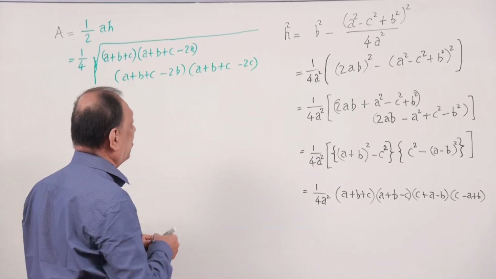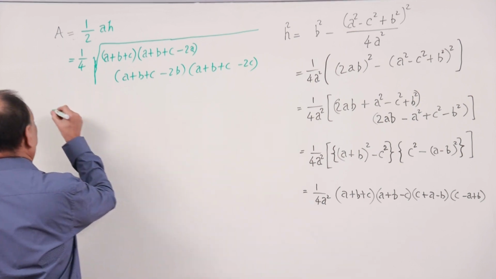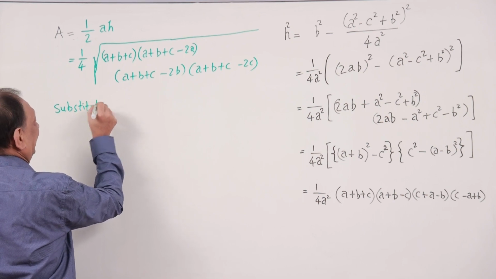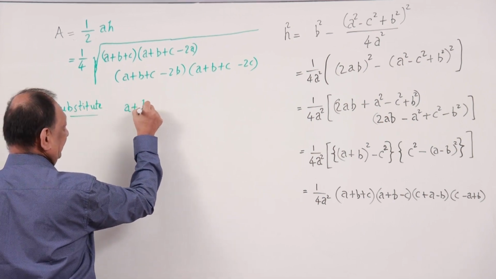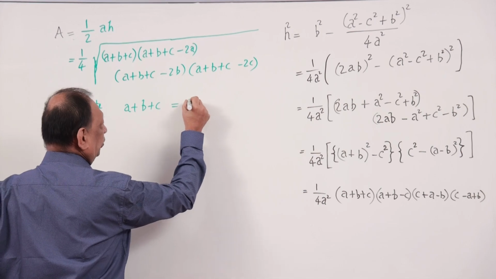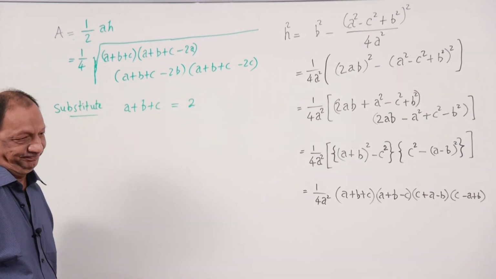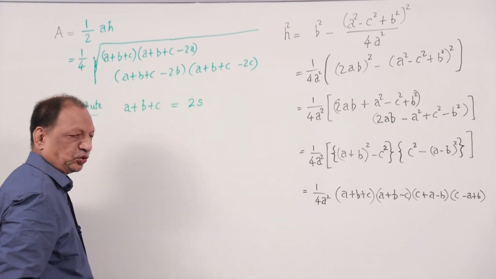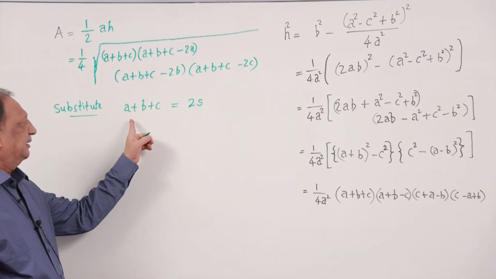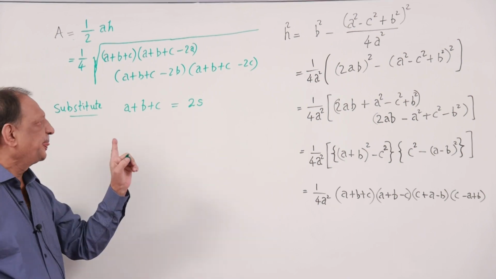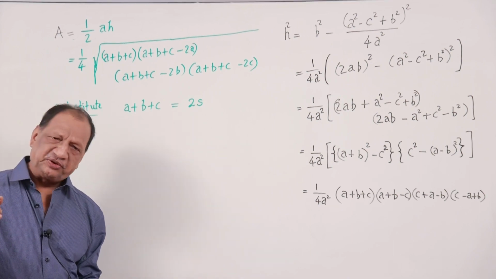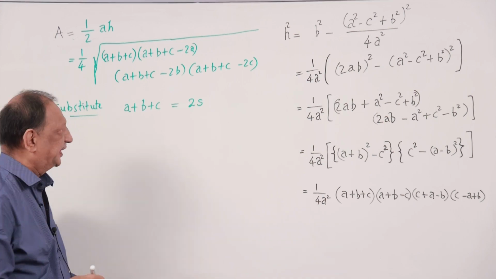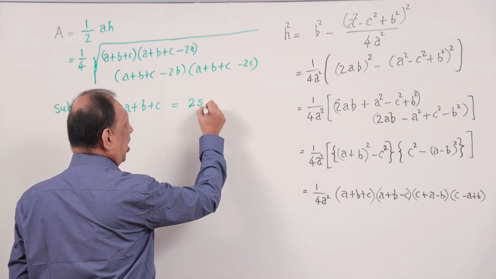So we substitute a plus b plus c, this is a trick, equal to twice a new variable, 2s. Normally, it is called 2s. Now, what is s? Half of a plus b plus c. And what is a plus b plus c? It is the perimeter of the triangle. That is the addition of all the lengths is the perimeter. So, s is actually known as the half perimeter.